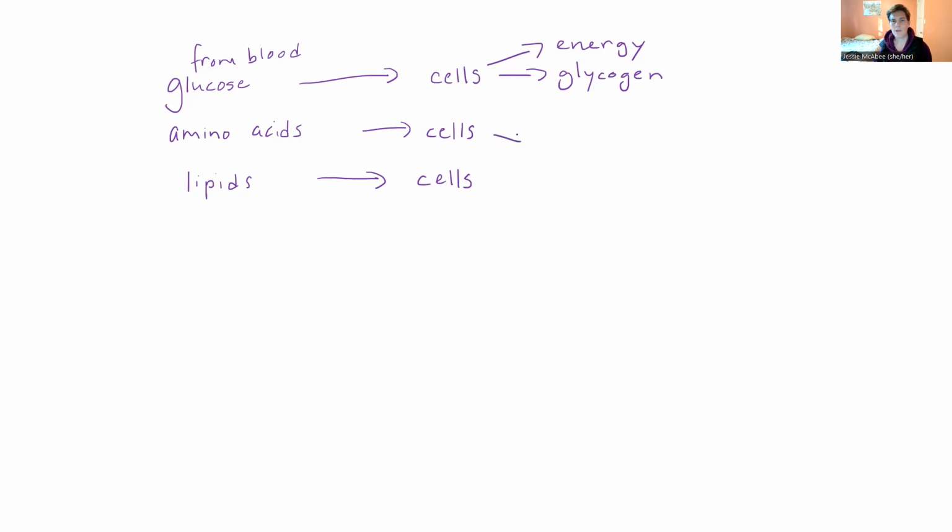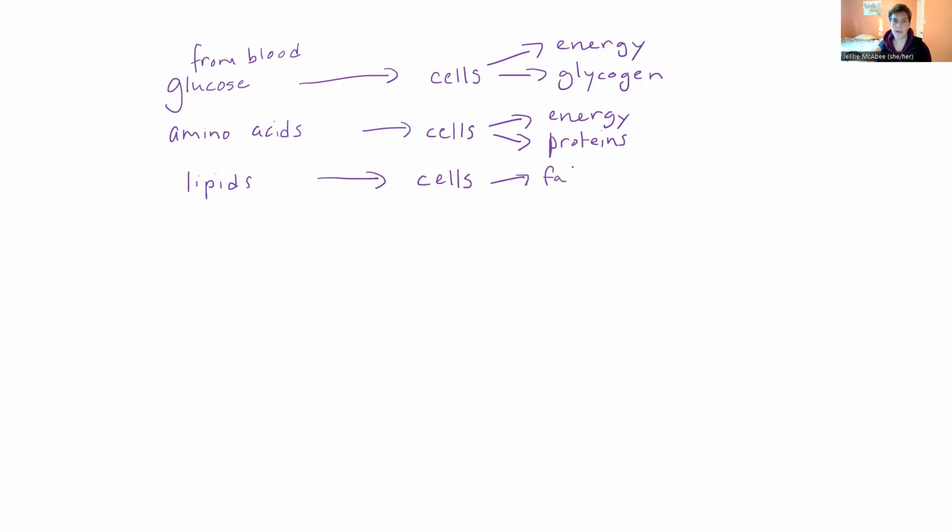Amino acids, the same thing, could be used to make new proteins, or could be used as a source of energy if there's plenty of protein available. Lipids, same thing, could be stored as fat, especially in those adipose cells, but also in muscle cells.